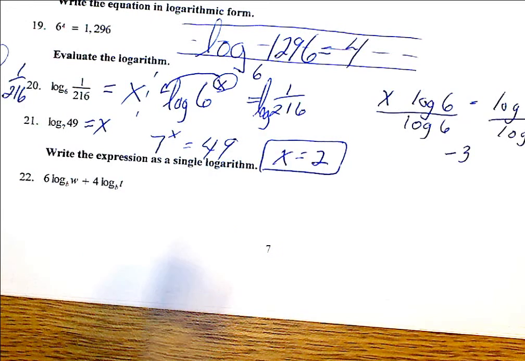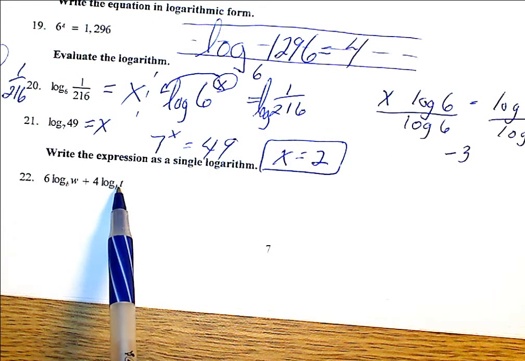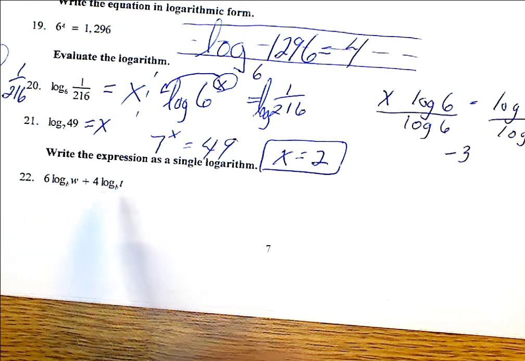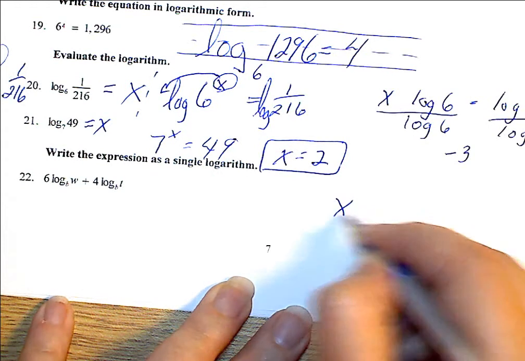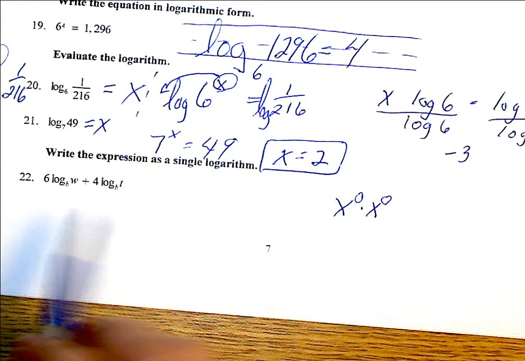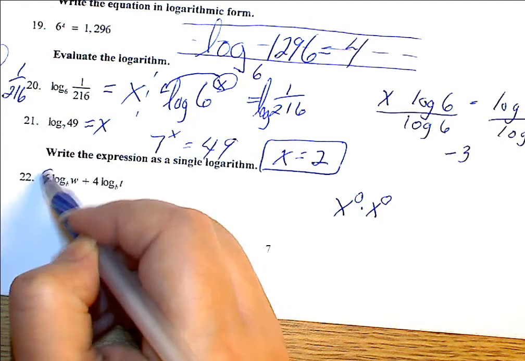Logs are exponents. Since they're exponents, when we add exponents, what are we doing to the base? We're multiplying, right? Because remember, x times x, we add our exponents. So the first thing you always have to do is jump my guy up.